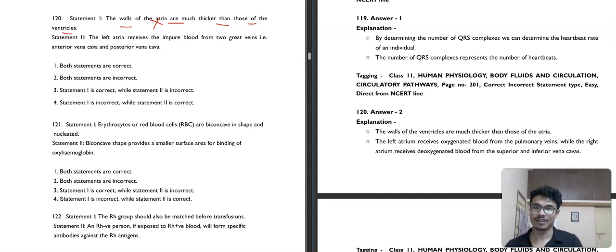The left atrium receives oxygenated blood from the pulmonary vein, while the right atrium receives deoxygenated blood from the superior and inferior vena cava. So it is incorrect. Both statements are incorrect. Second is our correct option.